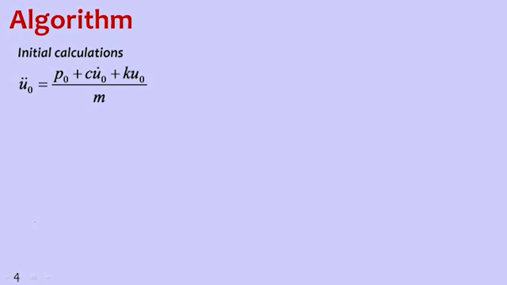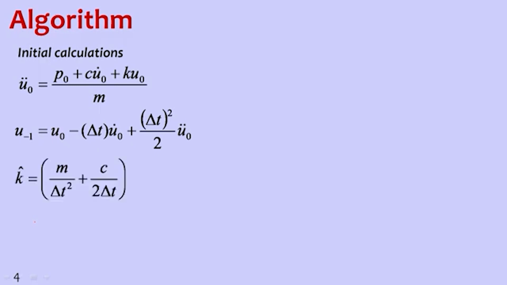So, this is the acceleration at time step i equal to 0, and u minus 1, which is the previous value, is u 0 minus delta t into u dot 0 plus delta t square by 2 u double dot 0. And k cap is an initial value which is constant for the given problem. m is constant for a particular structure, c is constant, and delta t is the constant time step for the force applied.